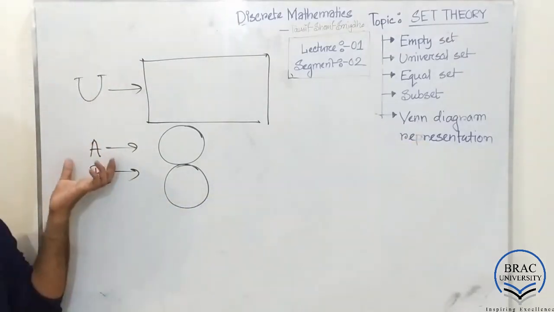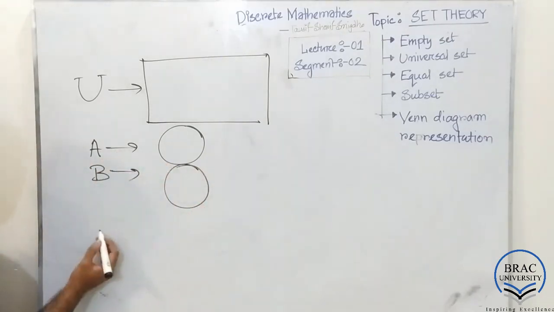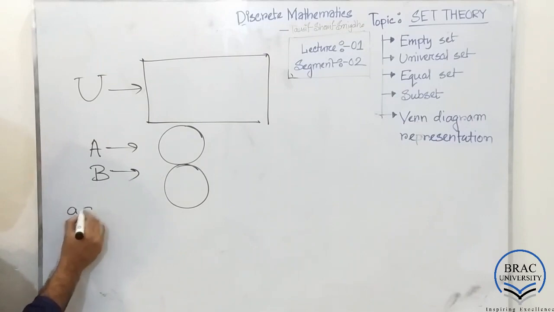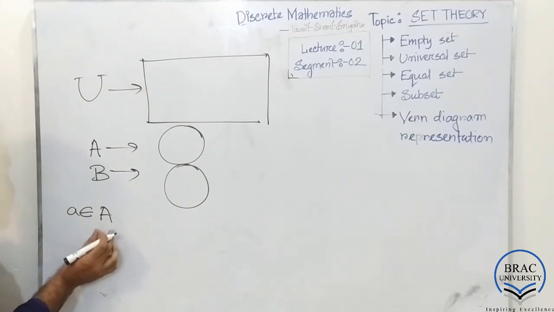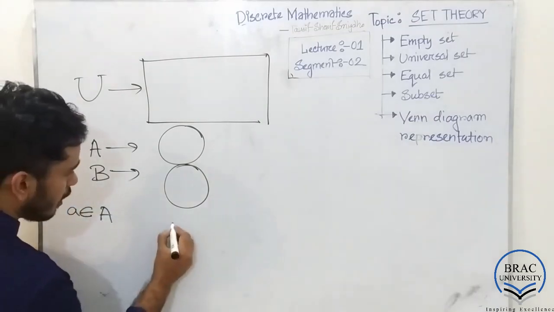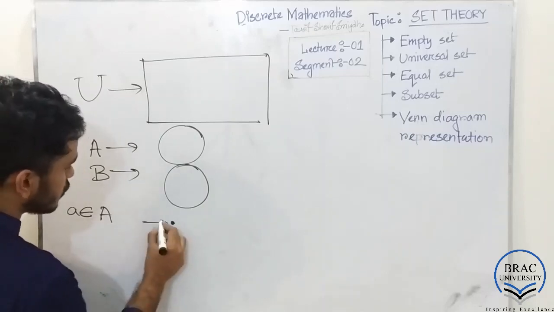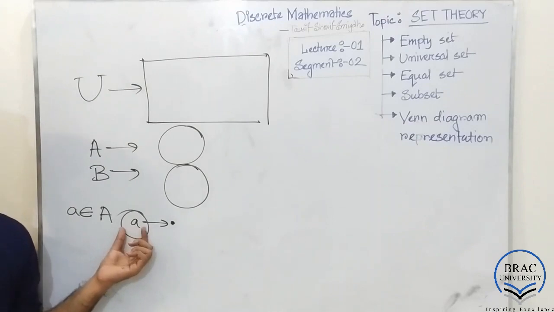Okay, we express sets using circles, and sometimes if for example a belongs to A, capital A, that means small a is an element of capital A. Sometimes a point is used to refer to an element of a set, right?